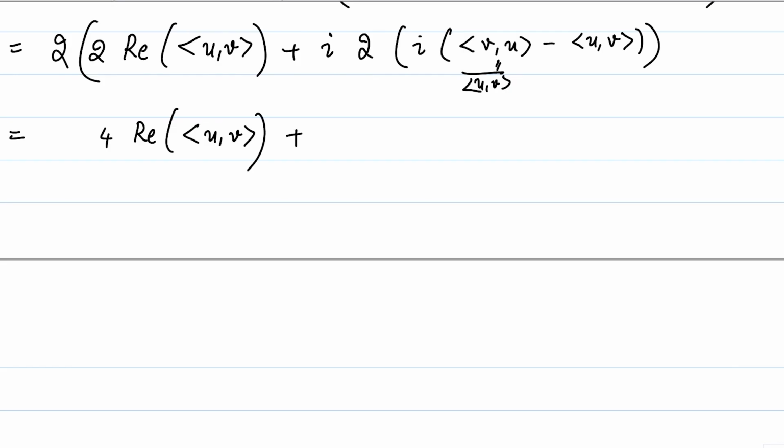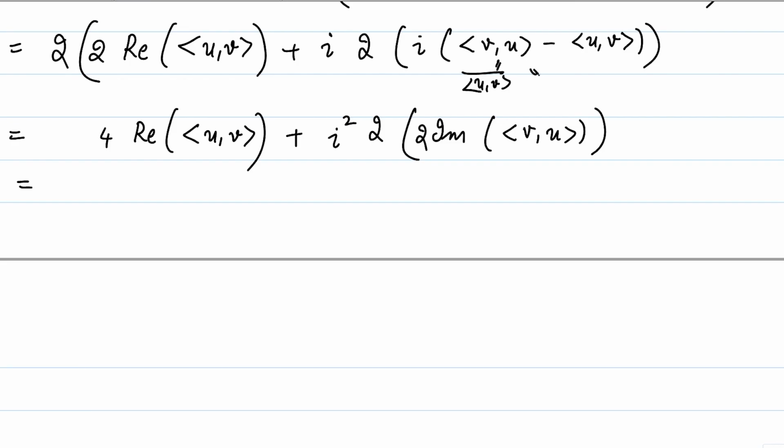plus, so there is an I, which is I square, times 2 into the imaginary part of v comma, or maybe I should put it this way. Yeah, let's see. We'll come to it in a minute. So this is equal to, there is a 2. And why is that the case?